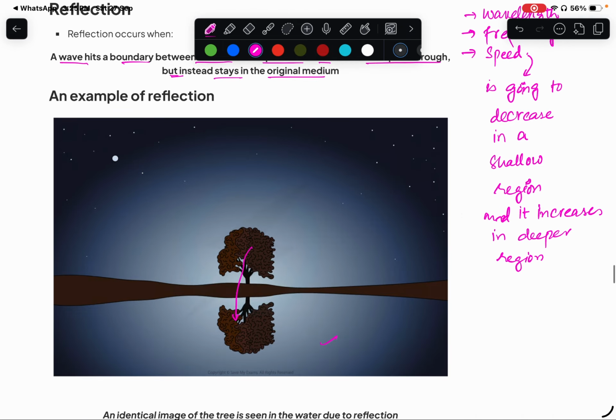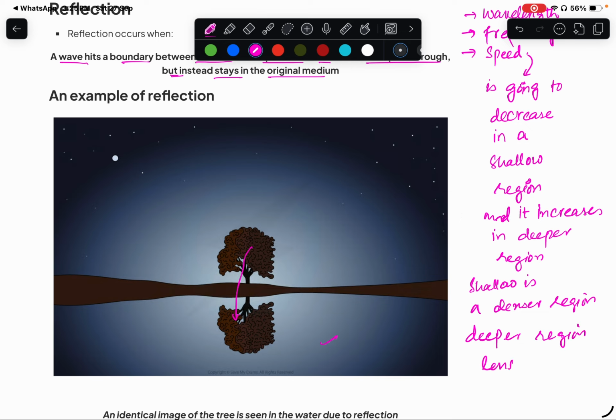What is the reason, if asked? Shallow is the denser region, and the deeper region is less dense.